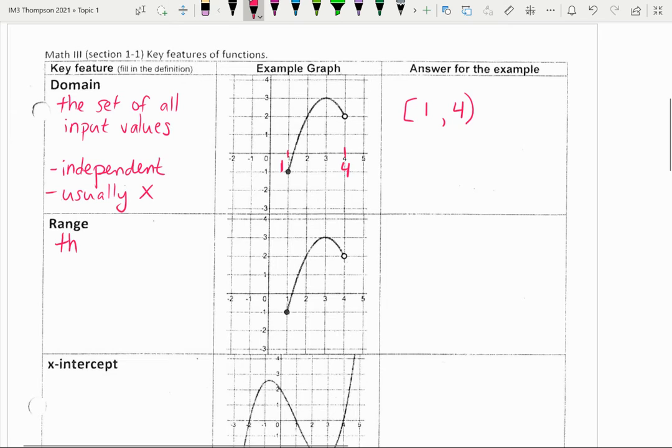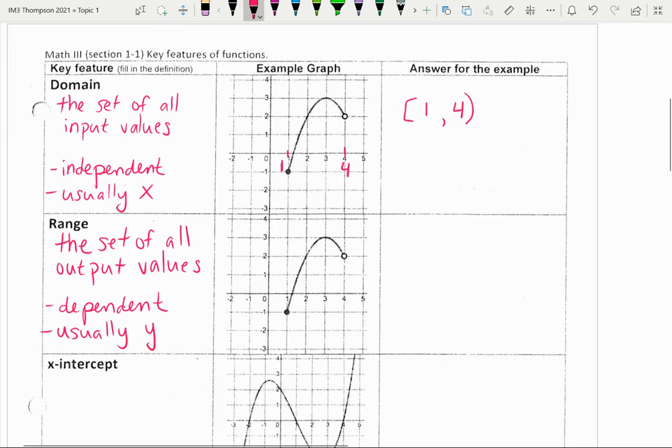Conversely, the range is the set of all output values. These are dependent on the independent value, and the range is usually y.